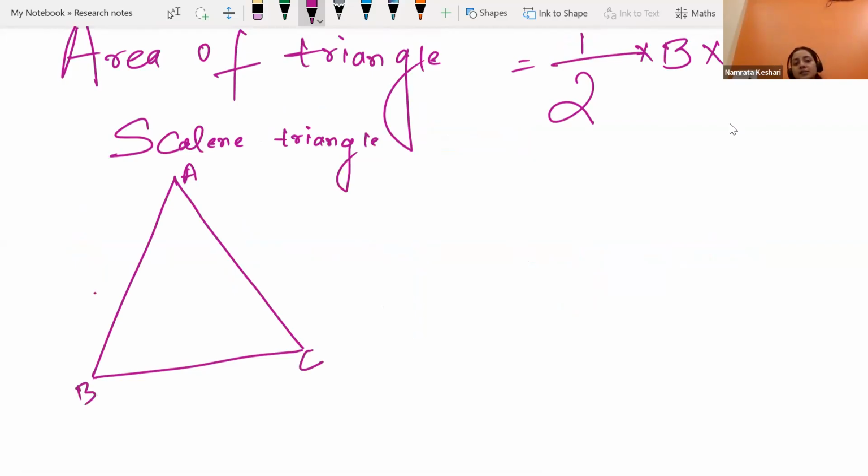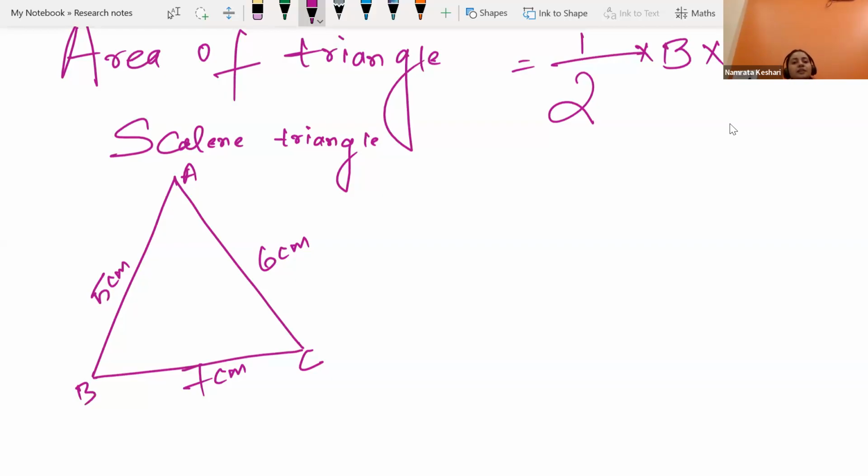Here I am writing this is of 5 centimeter, this is of 6 centimeter, and this is of 7 centimeter. We are having a scalene triangle, the measurements I have written over here. Now here height is not given. So we will say, so what? Let's try finding the height. But let me tell you, finding the height over here will not be possible.